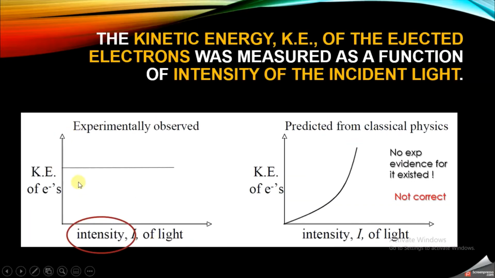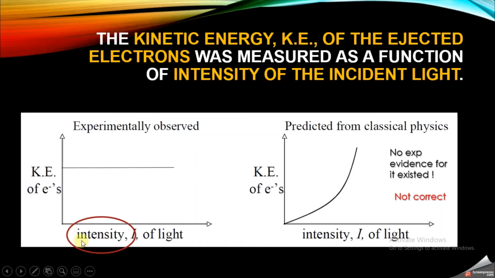We can now also plot the kinetic energy of the electrons emitted from the metal versus the intensity of light. Intensity means the brightness. For example, we are using blue light, but at some point we have dim light and at some point bright light.